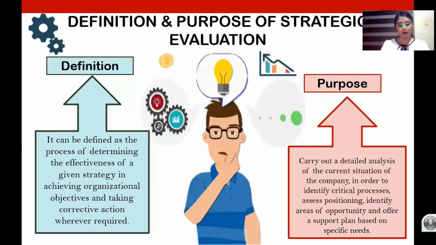And purpose. Carry out a detailed analysis of the current situation of the company in order to identify critical processes, assess positioning, identify areas of opportunity, and offer a support plan based on specific needs.